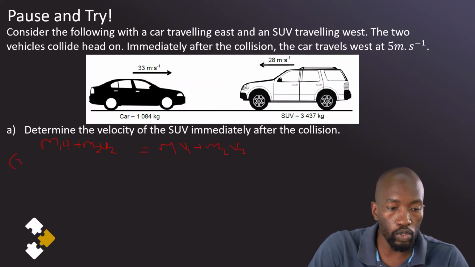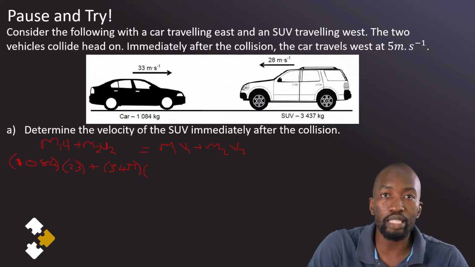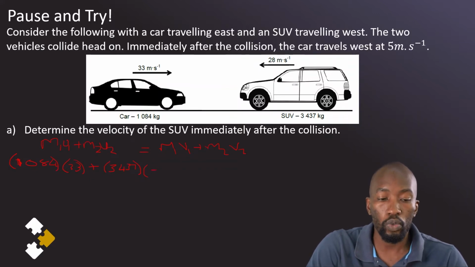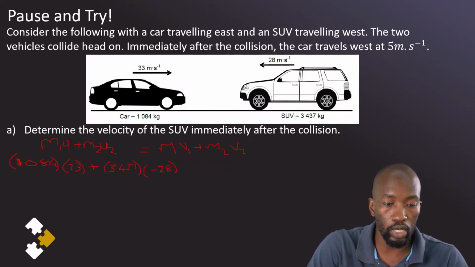Then let's substitute. So we have 1084 times the initial velocity, which is 33, plus the mass of the SUV, which is 3437, multiplied by its velocity, but it's moving in the opposite direction, so it'll be negative 28.